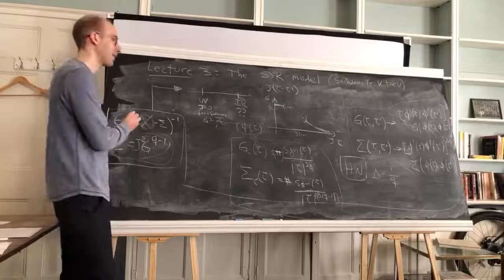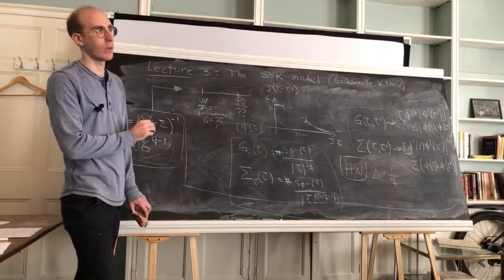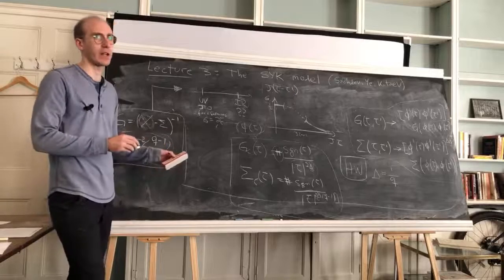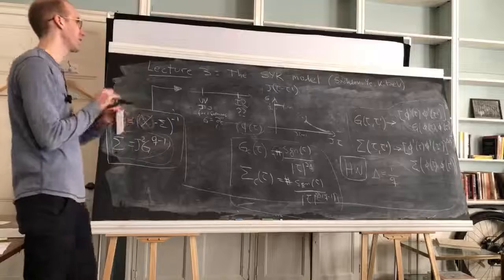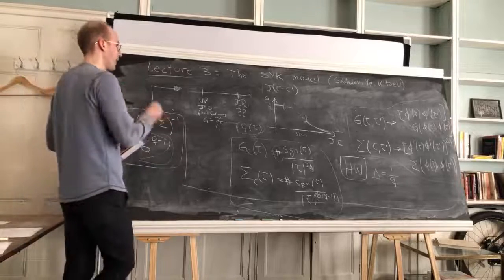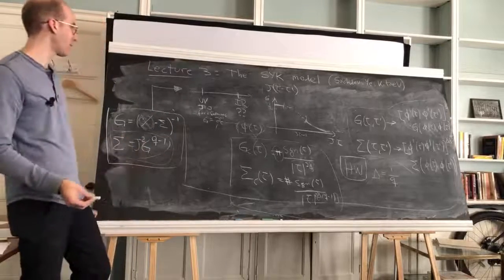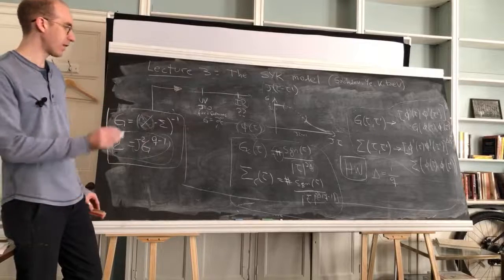And that's where the Schwarzian action will appear in our SYK analysis. So we started with some fermions in the UV with no interactions at all. We added this J that is an all-to-all coupling with random average.